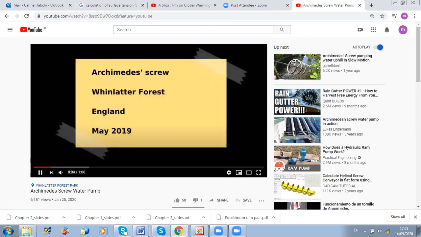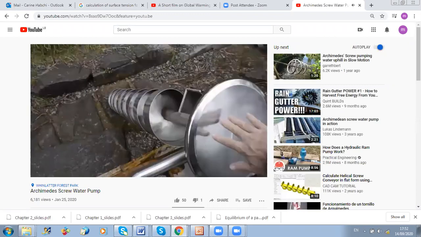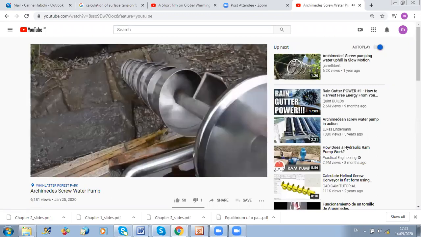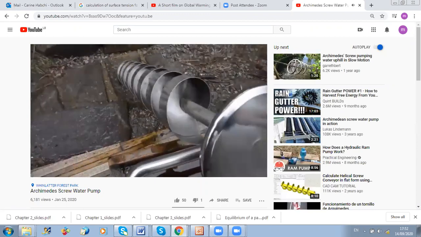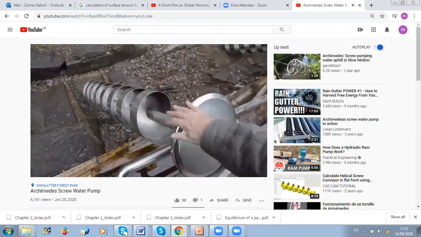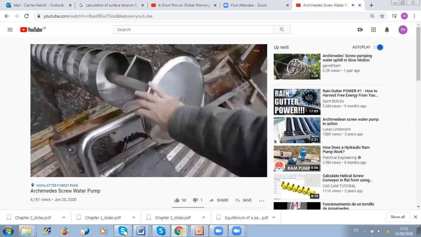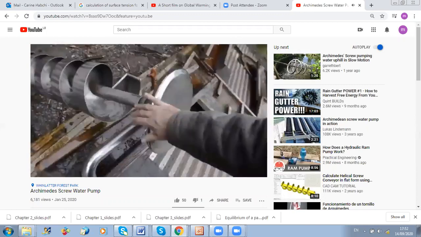Okay, of course you can have a motor producing rotation, but it can also be done manually, as you can see here. So by just producing the rotation of the screw, the mechanical energy will be transferred to the water, and this will be transformed into a potential energy form that will allow water to be lifted upward.